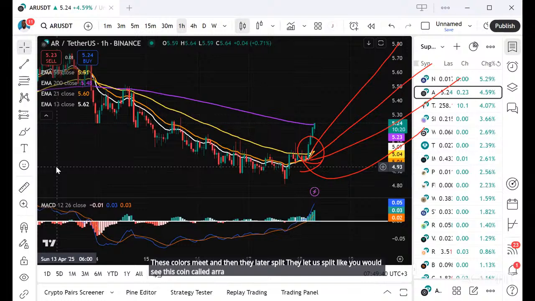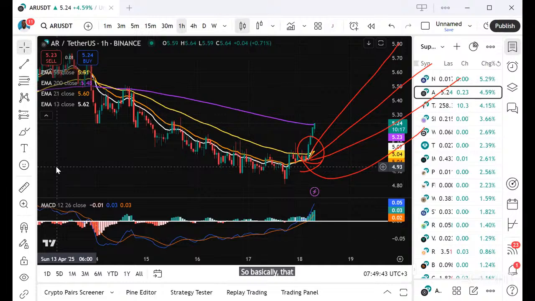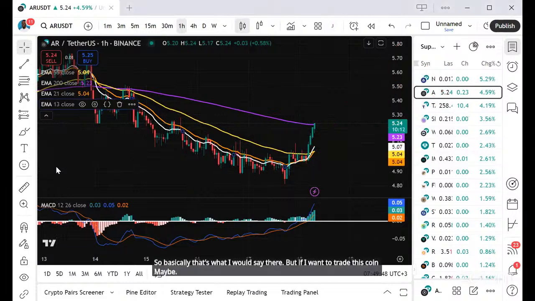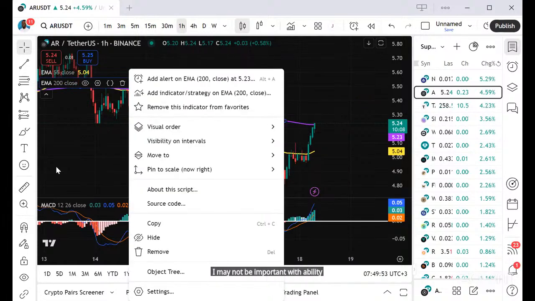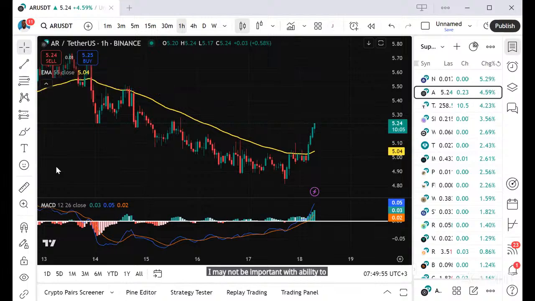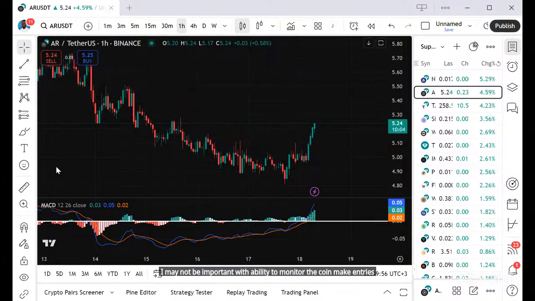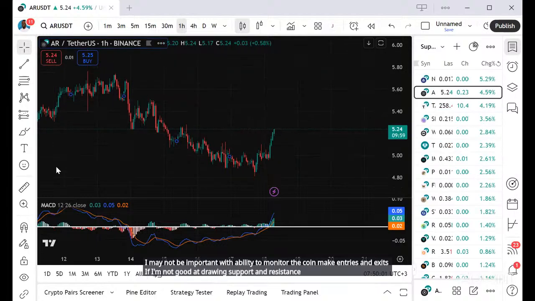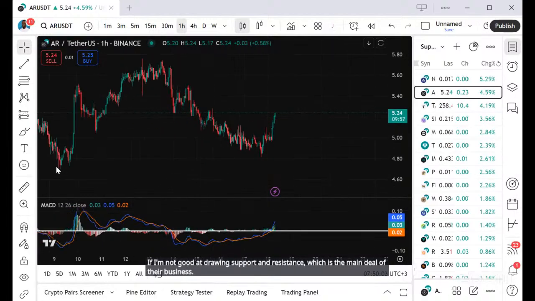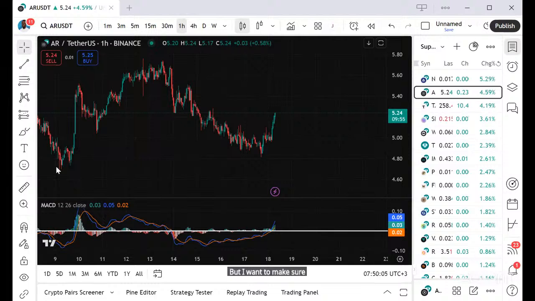It will do wonders today. But if I want to trade this coin, maybe I may not have the ability to monitor the coin, make entries and exits. If I'm not good at drawing support and resistance, which is the main deal of the business, but I want to make sure that I keep trading this coin.